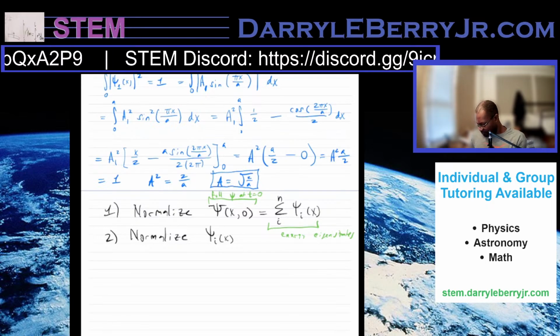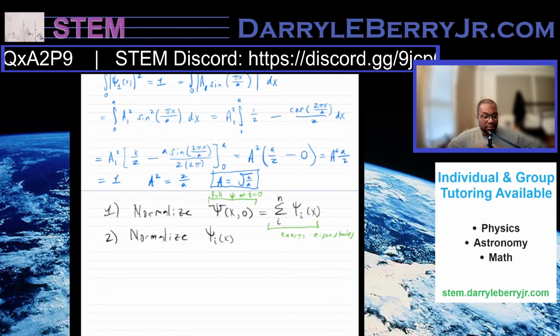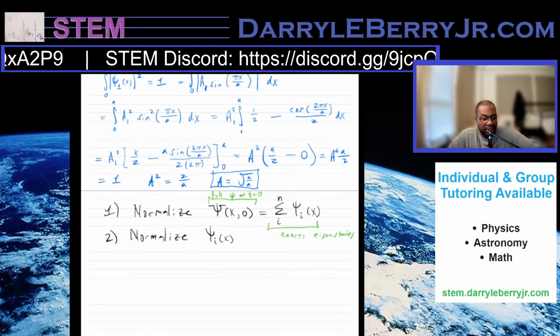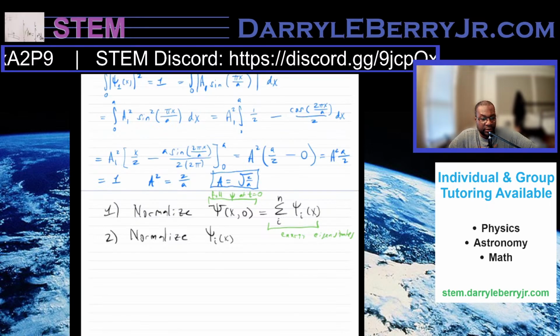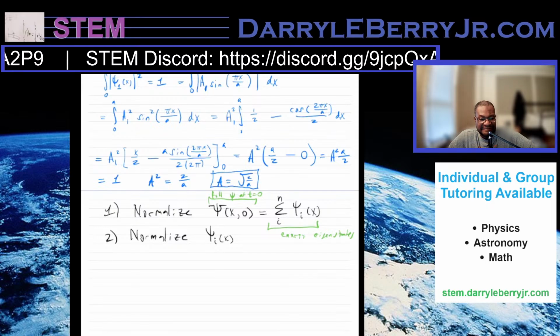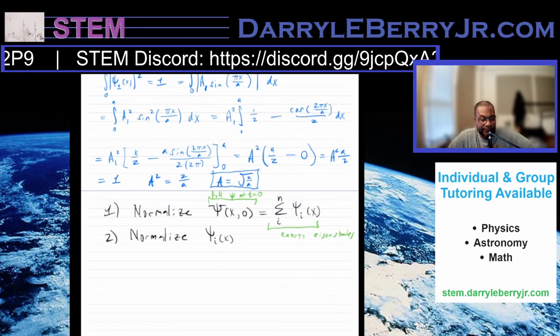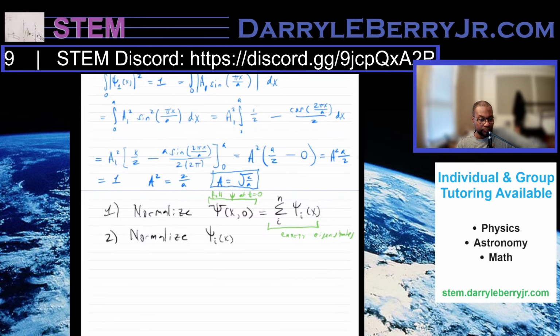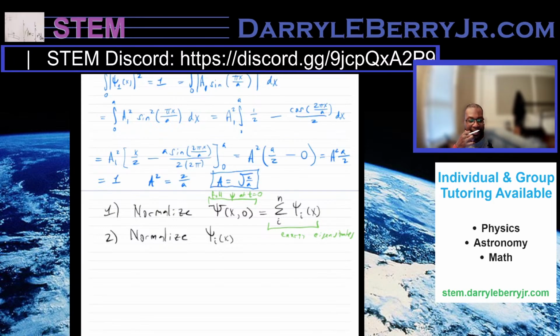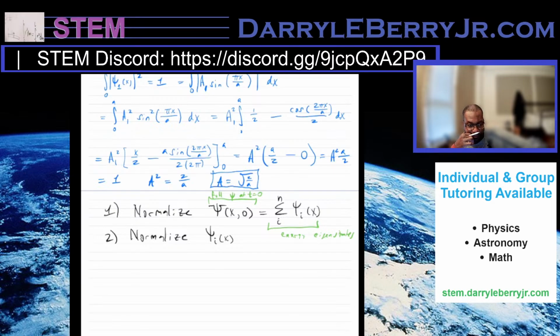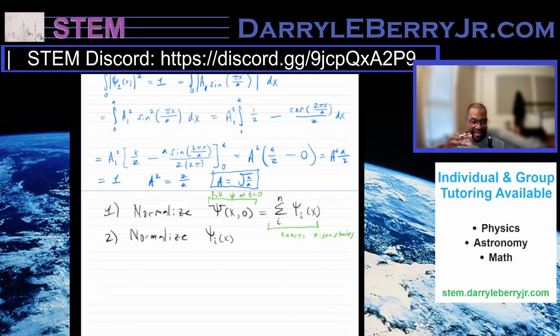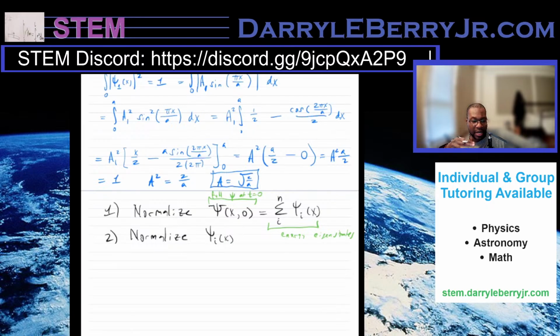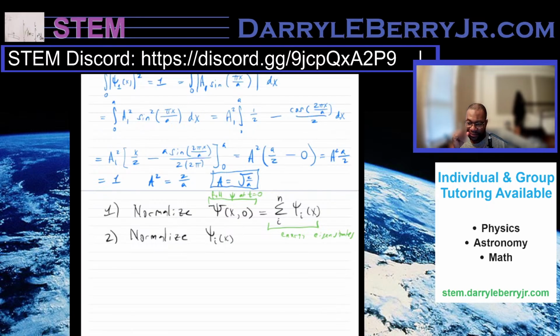That's what it is. So now I think I have everything I need to make this a full equation. Make sure I didn't miss anything. I think it's odd that we can normalize the full psi without already knowing the sub-psis.